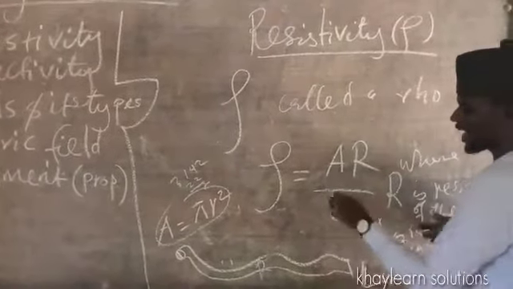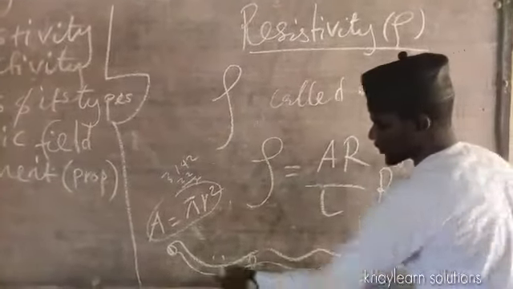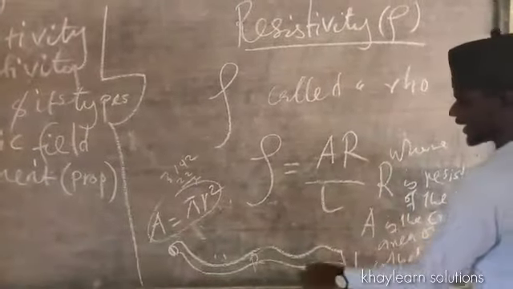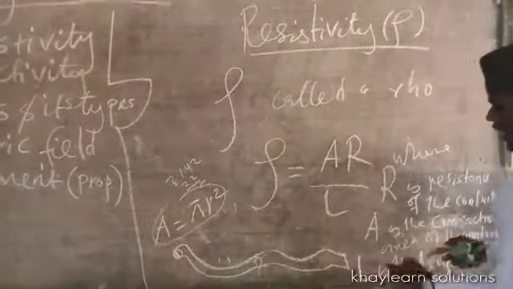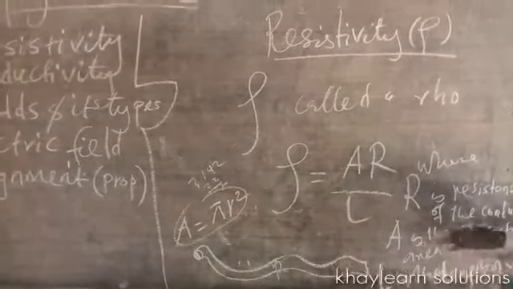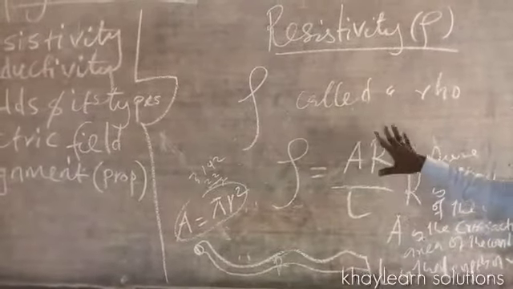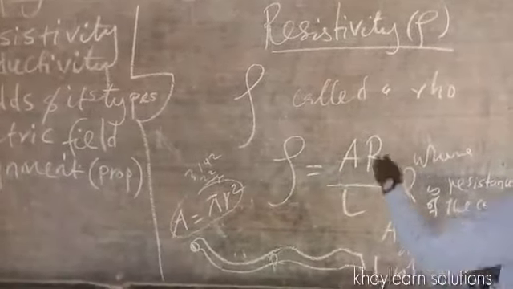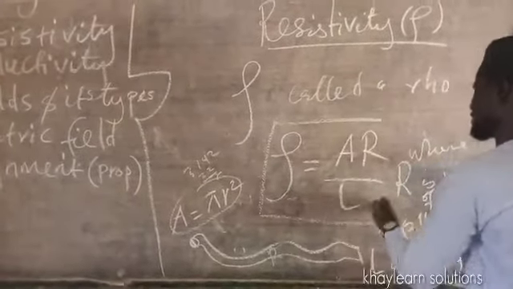That is it. While this length is the length of the conductor, that is from here to here. If the wire is longer than this, then the L will also be longer depending on what you're given. So this is what is called resistivity. So the formula is this always. The formula is this. Don't forget.